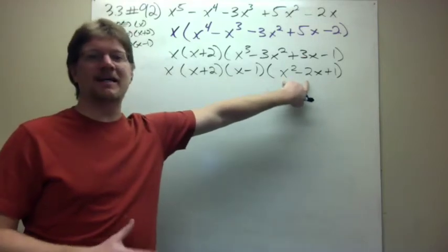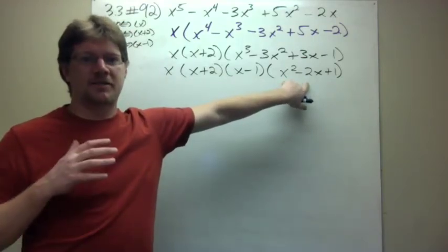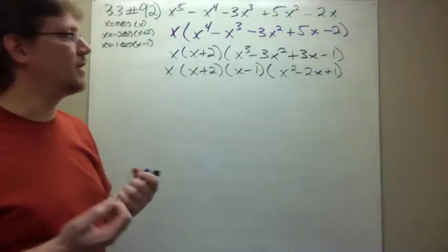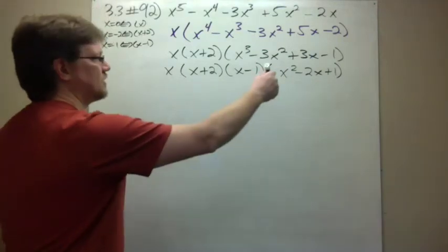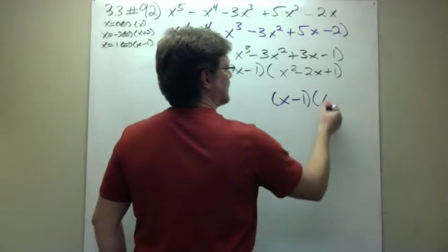I look at this thing, I can see that I can factor this. This is a square. This is x minus 1 squared. So this piece I can write as x minus 1 times x minus 1.